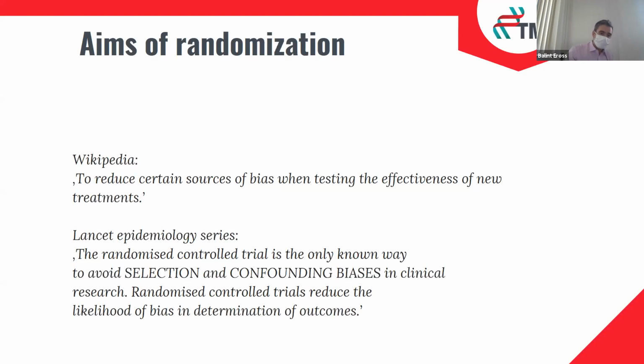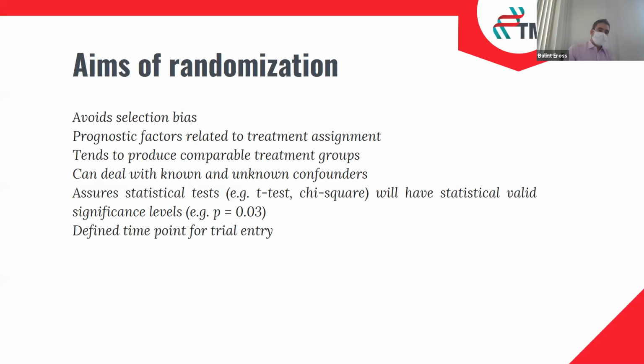Randomized control trials reduce the likelihood of bias in determination of outcomes. So randomization avoids selection bias.